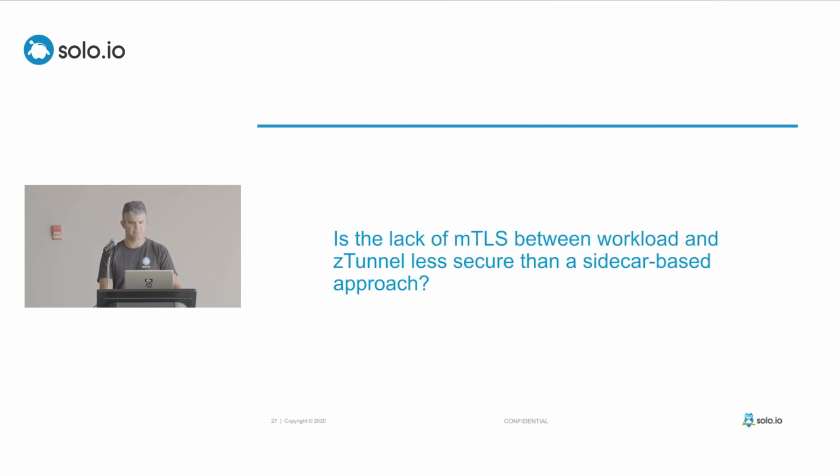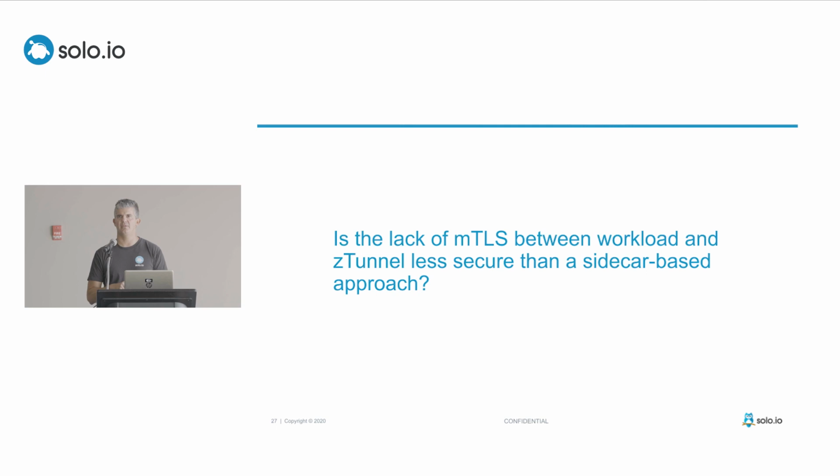Okay, so now we looked at how things work. We looked at a few of the attack vectors that we want to keep in mind when we're installing and using Ambient. There's a handful of questions that come up, like this one around mutual TLS.